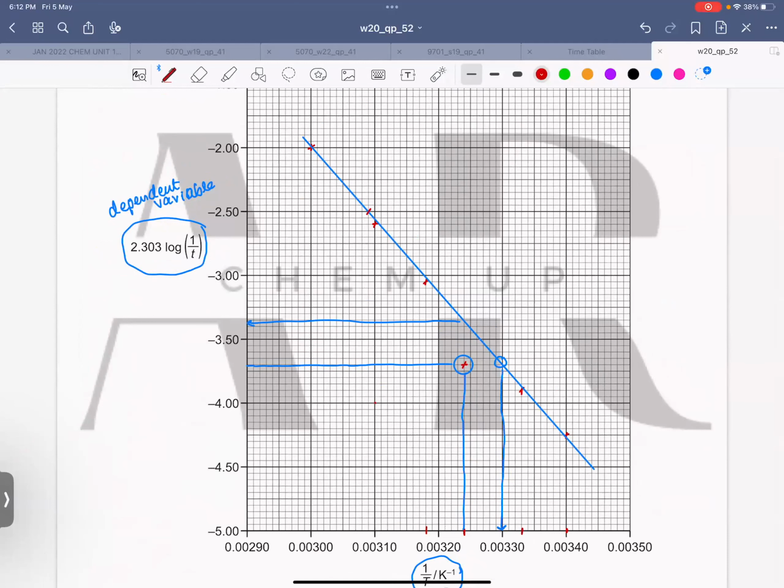Can I take this one, that minus 2.5, and on x-axis, it is 0.00309, right? Yes, any other point?